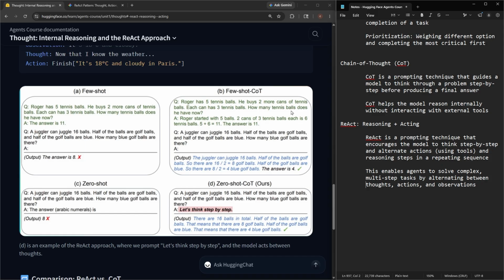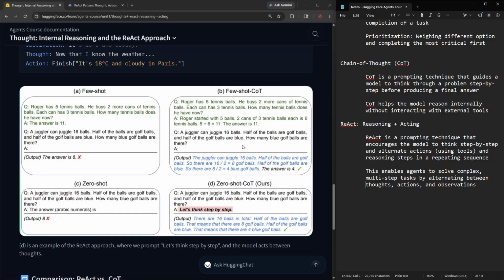So here's the same one. And then this one's called Few Shot CoT. What is this? Chain of thought. Few shot chain of thought. Same thing. And then the example answer is Roger started with 5 balls, 2 cans of 3 tennis balls each is 6 tennis balls. 5 plus 6 equals 11. Okay, great.